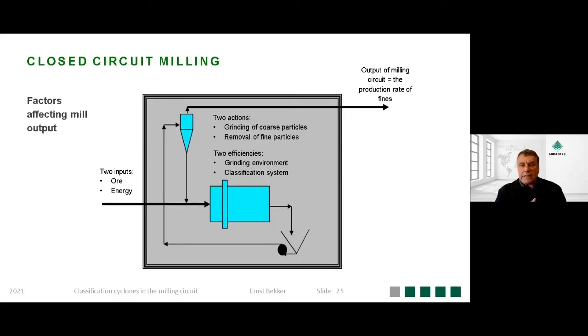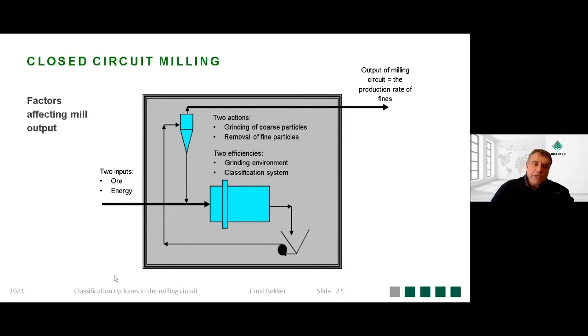So how can the cyclone have an impact on the mill circuit? Now here's an alternative way of describing the interaction between the mill and the cyclone. This is from a company called Metcom in Canada. They present milling courses, and this is information from their training material.